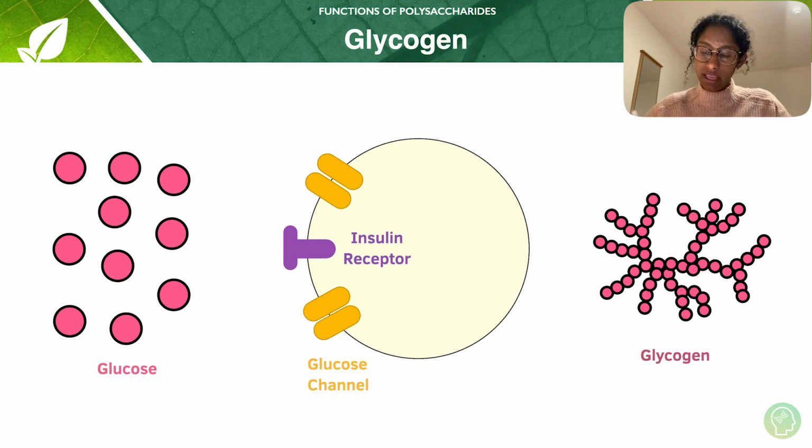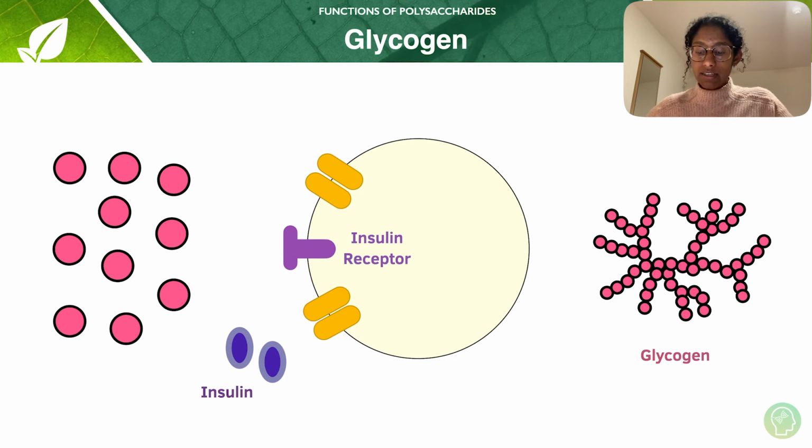So there's now a high concentration of glucose in the blood. And this is detected by cells of the pancreas. And what happens is the beta cells of the pancreas secrete insulin.